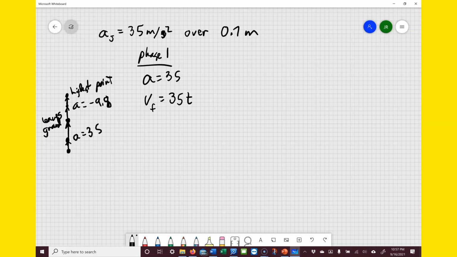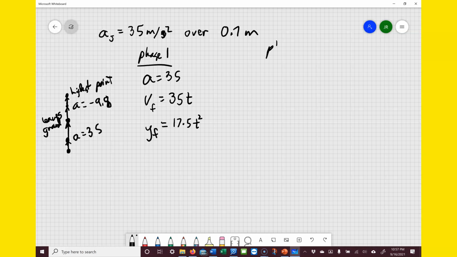At the bottom of his crouch, his velocity is 0. So then y f for phase 1 will be 35t squared over 2, that is 17.5 t squared, plus the initial y value, which we'll just call 0.